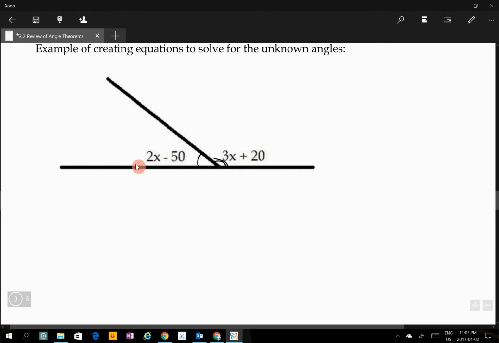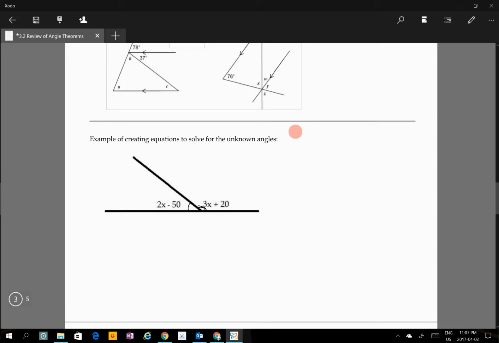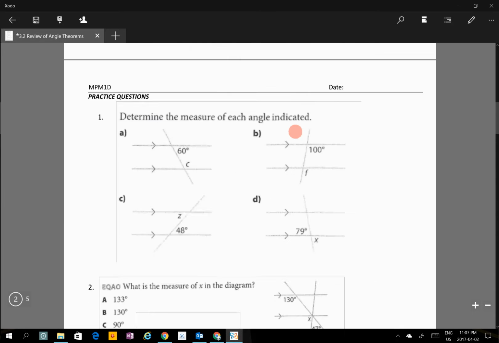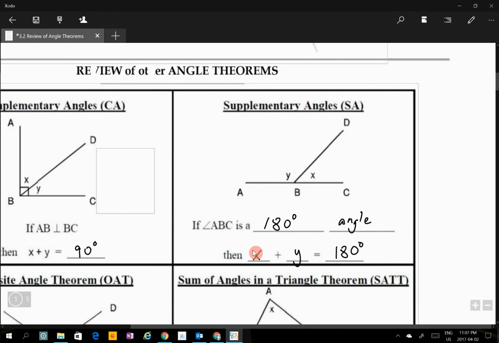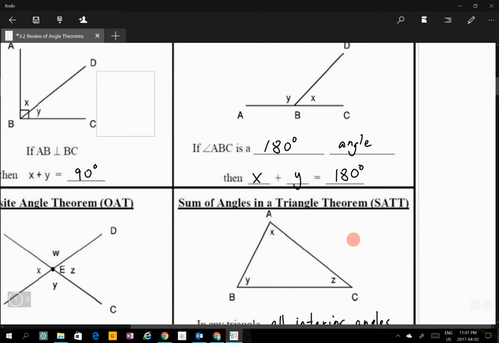I'm going to use the rule that says the sum of these two supplementary angles, remember this one? Supplementary angles, this rule right here. The addition of those two angles has to add up to 180 degrees.